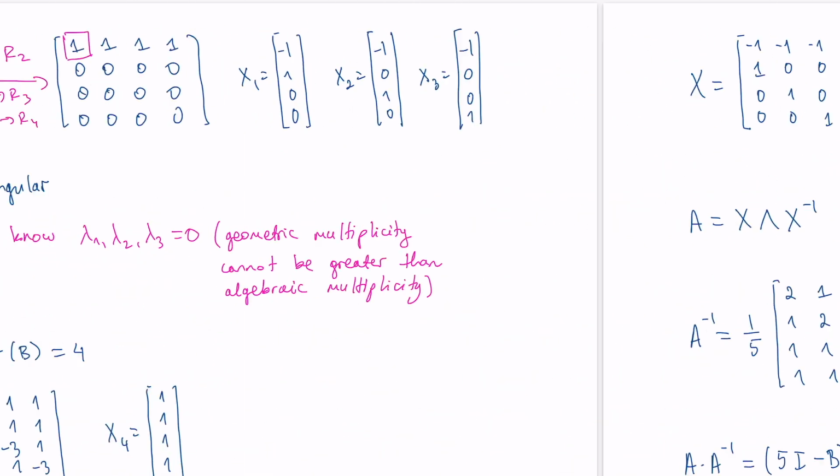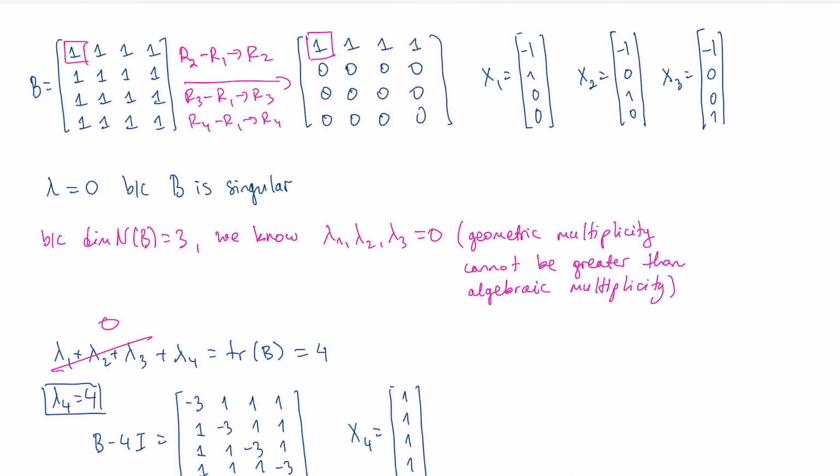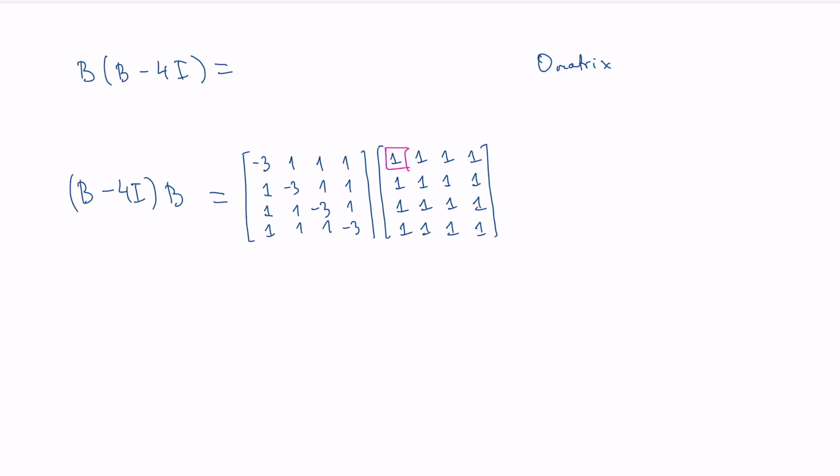If you remember, we found the null space. So this vector x4, which consists of all the ones, is in the null space of B minus 4I. So when I look at this product here, every column in B is in the null space of this matrix, so I know right away that I'm getting zeros everywhere. So I'm getting 0 here.